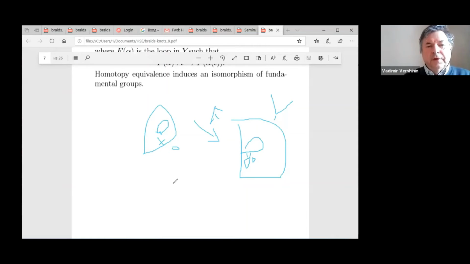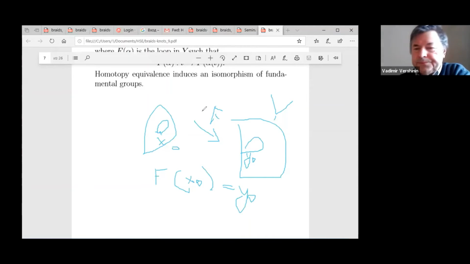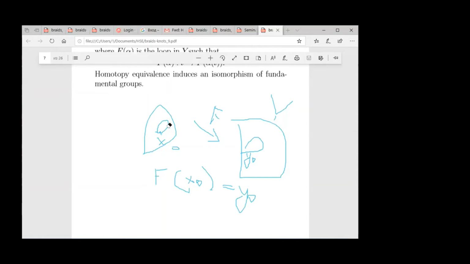You should have f of x0 equal to y0. So your fundamental group goes from here to here. This is one wonderful and beautiful feature of the fundamental group. Other questions at the moment? All is okay. Very good.